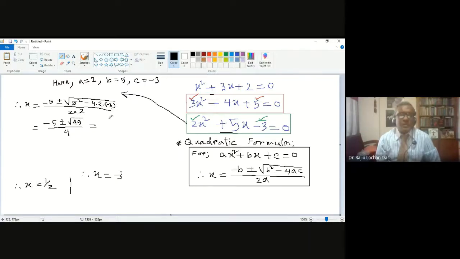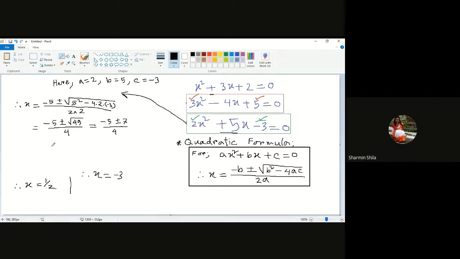If it is 7, then minus 5 plus minus 7 by 4. What does that mean? It means minus 5 plus 7 by 4, or minus 5 minus 7 by 4.